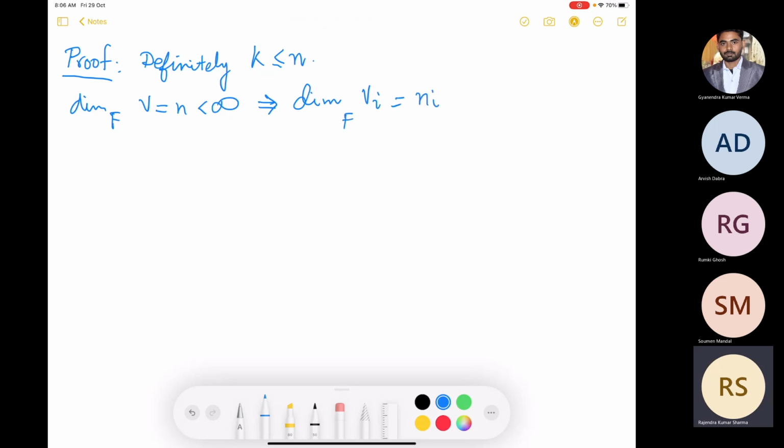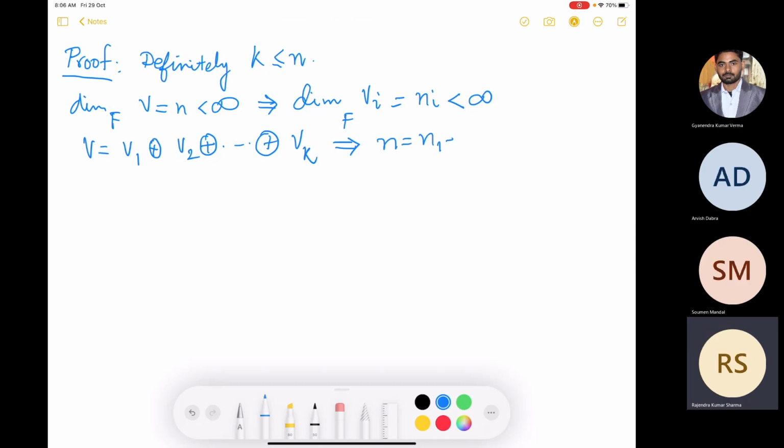Let us call it, say, Ni, which is also finite. And since V is their direct sum, n is the sum of these Ni's.